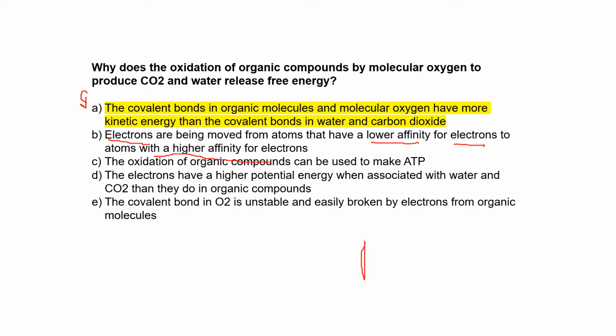If you remember the periodic table, oxygen is very electronegative, so these atoms have a higher affinity to pull these electrons. Although this is true, it is not answering why this causes the release of energy. So the best answer here is A so far. Although this is correct, it's not answering the question. C, the oxidation of organic compounds can be used to make ATP.